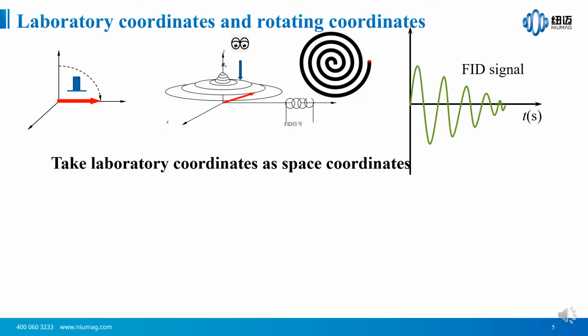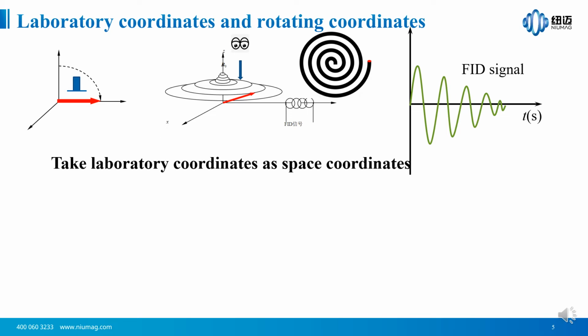First of all, we need to know about the laboratory and the rotating coordinates. The longitudinal magnetization vector is deflected by 90 degrees when we apply a 90-degree pulse to it. Turn off the 90-degree pulse and the magnetization vector will return to its original state.